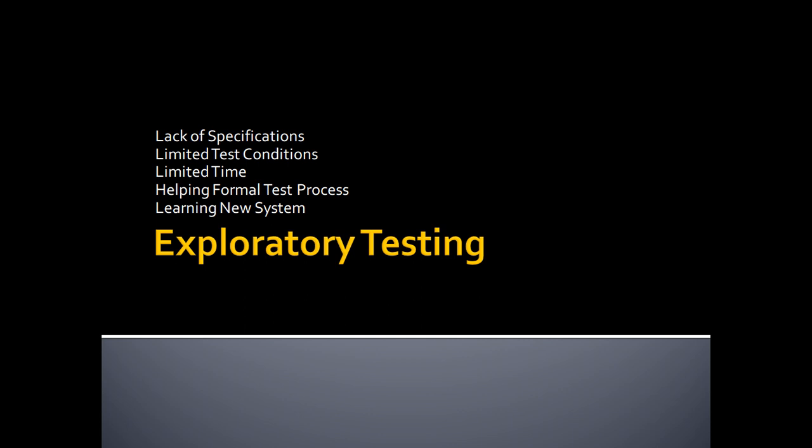The planning involved is usually based on the available product or data, and the time limit that we have is usually limited, and that is why exploratory testing makes sense.